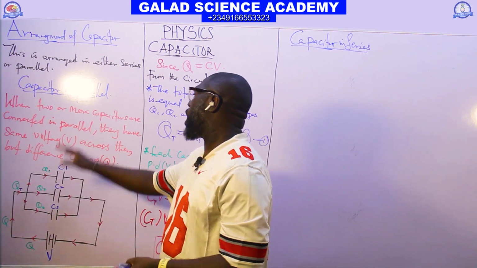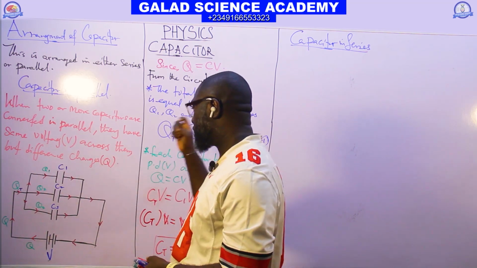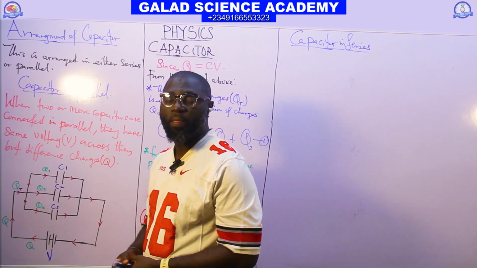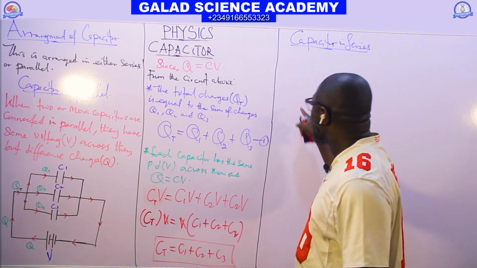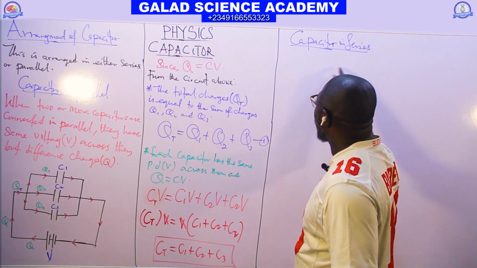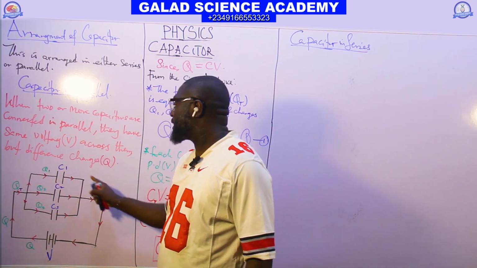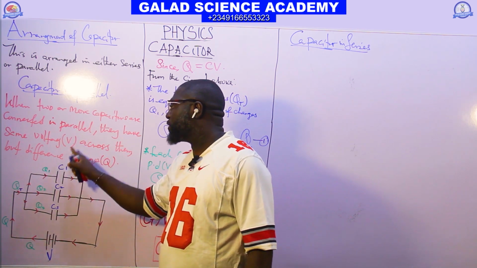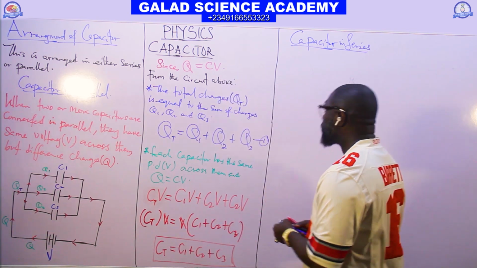Here I said when two or more capacitors are connected in parallel, they have the same potential difference but different quantity of charge. So in the second one, when two or more capacitors are connected in series, they will have the same charge across them, but different voltage.